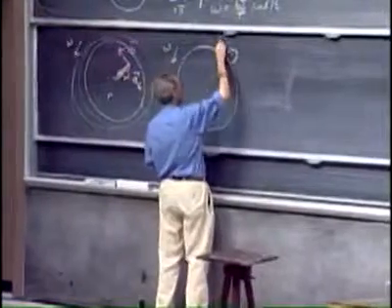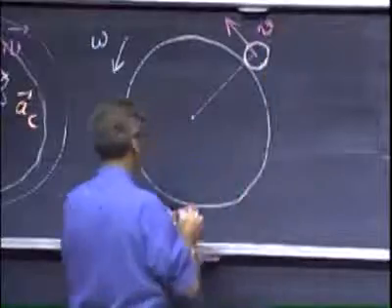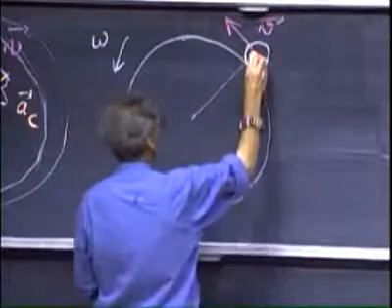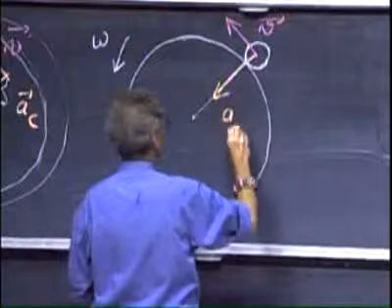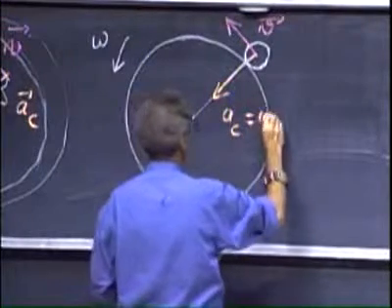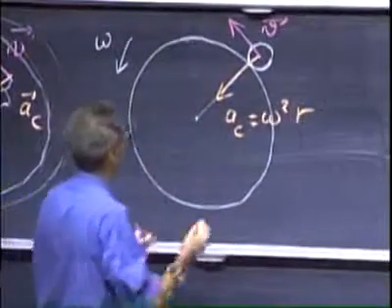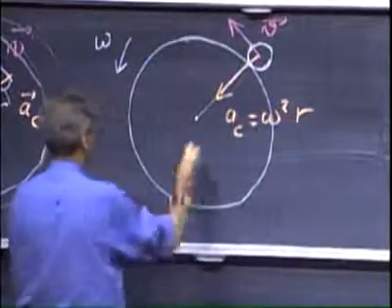At one moment in time, this has a velocity, like so, and therefore there must be non-negotiable centripetal acceleration, which in magnitude is omega squared r, or if you want, v squared divided by r.